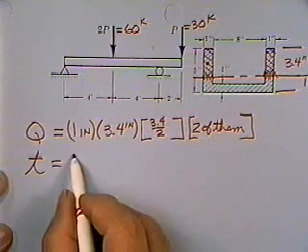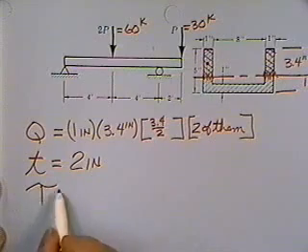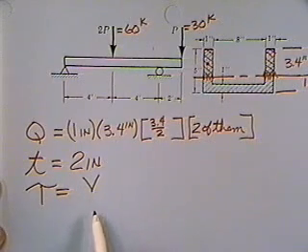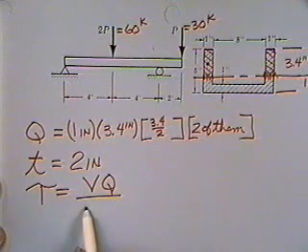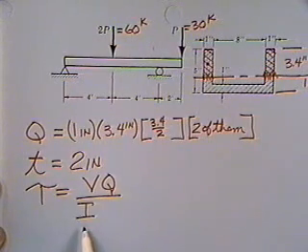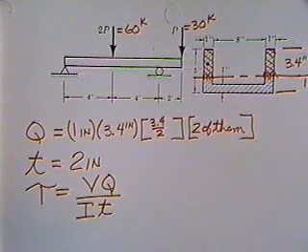The length of the wiggly line is 2 inches, and that goes in the equation. V, I get from my shear diagram. Q, I've already got. The moment of inertia I can solve for, and the thickness of the beam. The moment of inertia, we did practice on that in the first sessions.